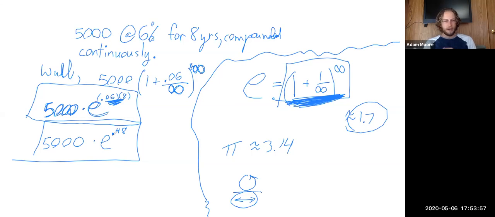But this time, I believe it'll be a little more than last time. And since we turned it into infinity pieces, this is the absolute most amount of money you can convince the bank to give you off of a deal like this. Times e to the 0.48.